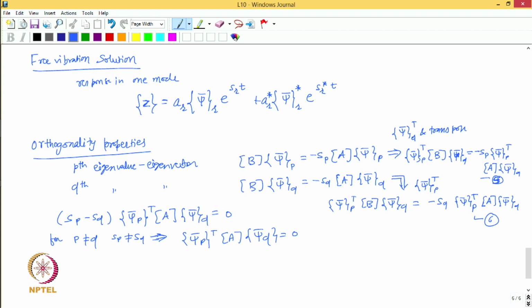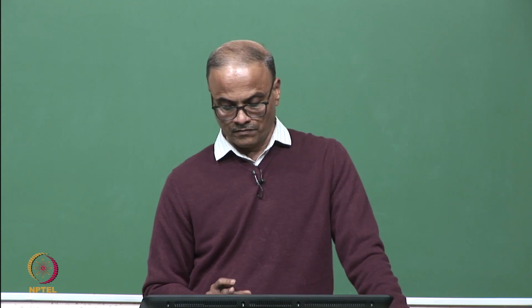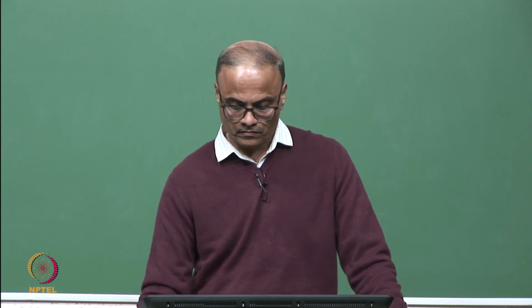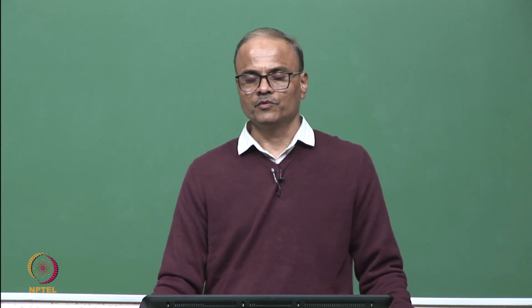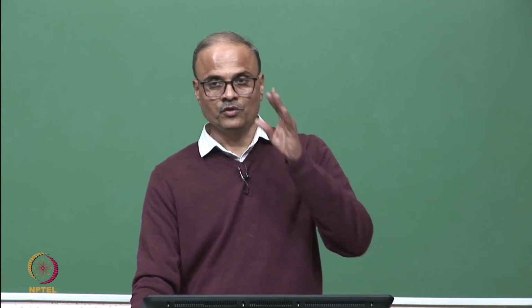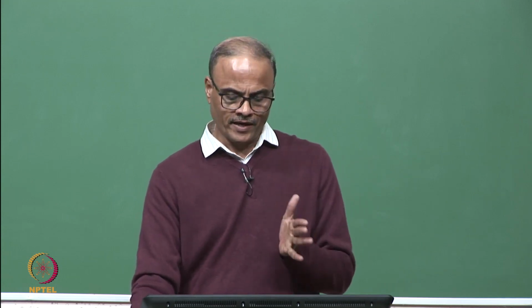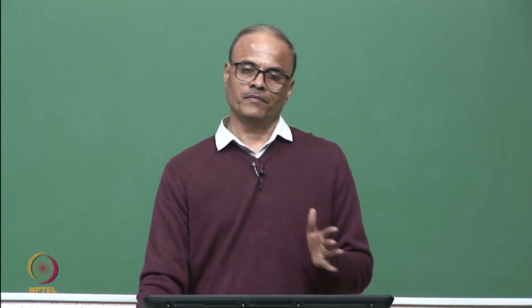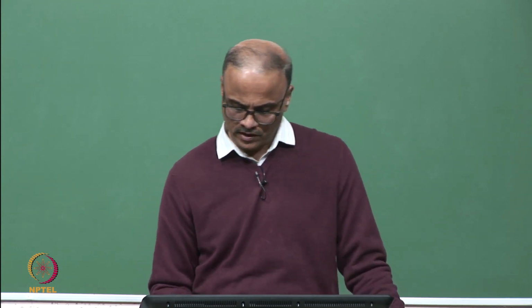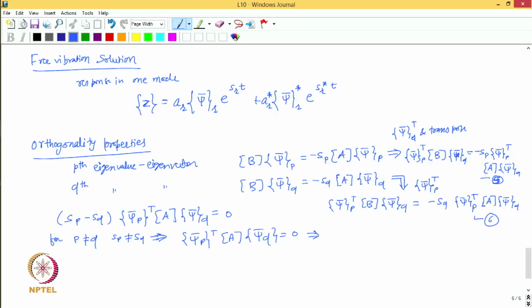So, it means if we have two distinct eigenvectors p and q, then they satisfy this equality, that is psi bar p transpose A psi bar q equal to 0. So, with respect to matrix A, the eigenvectors p and q are orthogonal.